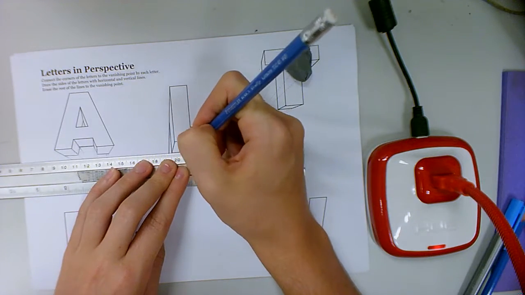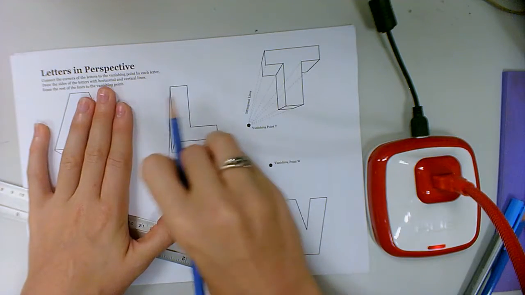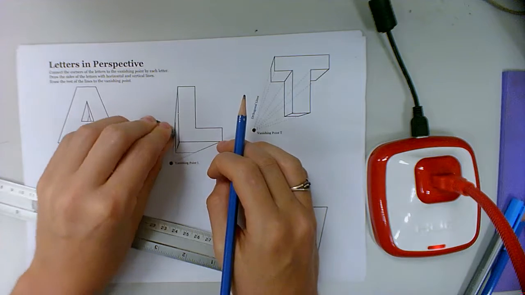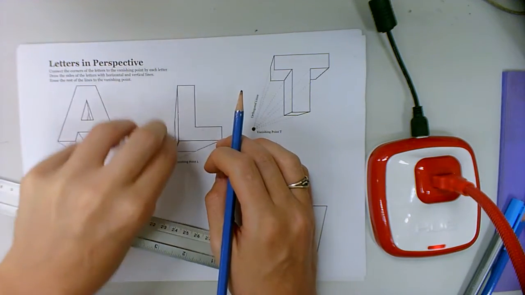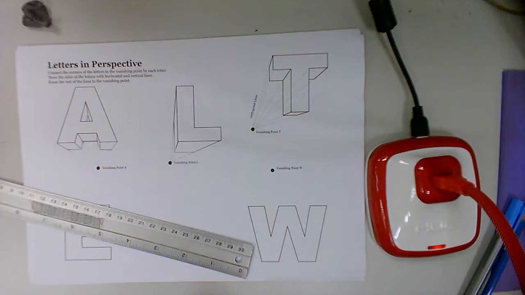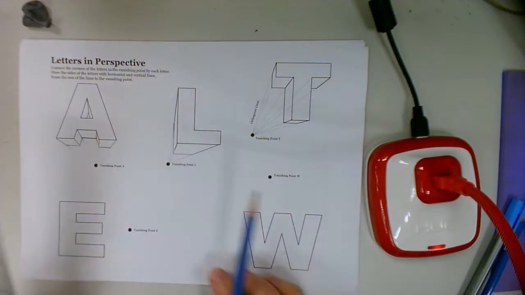And we're going to go parallel here. Make sure you erase those extra lines. There we go. So that's very simple for your L. T is done for you.